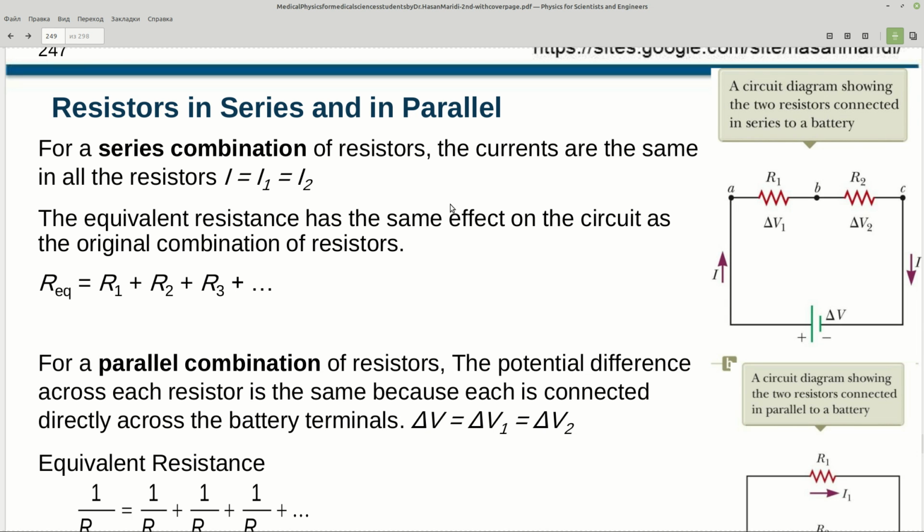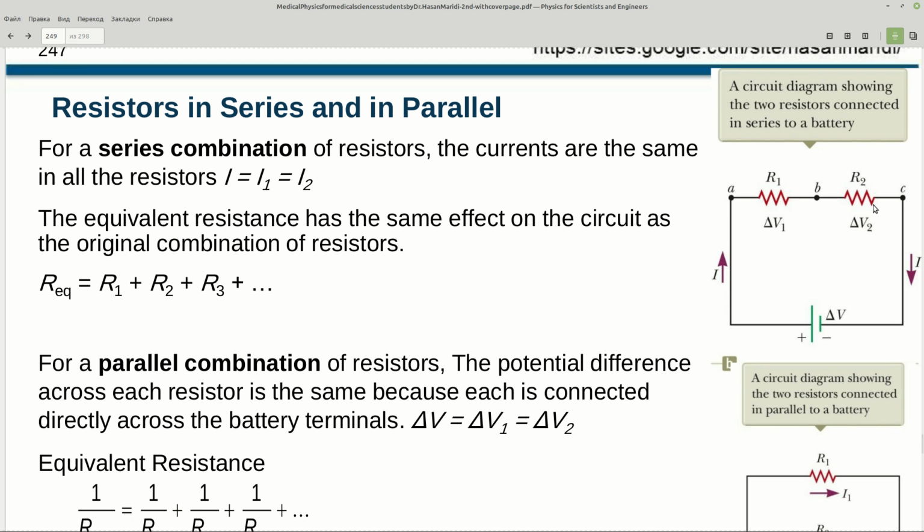But in this circuit diagram showing two resistors connected in parallel to the battery, the accumulator or source of the current, the potential difference across each resistor is the same because each is connected directly across the battery terminals. It's as if they are standing at the same points, and between them we have this difference of potential.